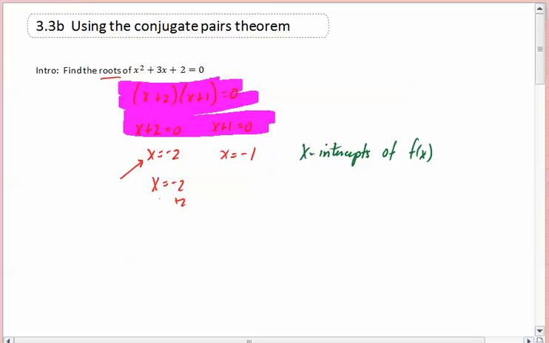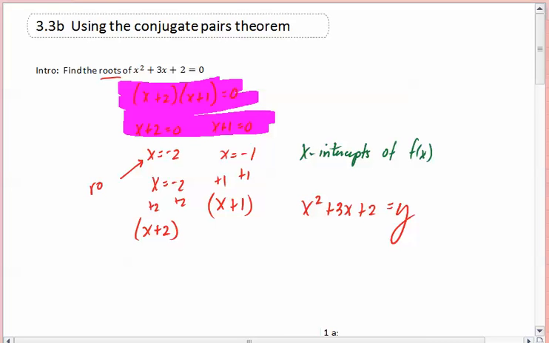You would go plus 2, and you would say x plus 2 is one of the factors, plus 1, and you'd say x plus 1 is the other factor. You would multiply them back together, and you would get the polynomial that had those roots, or the x-intercepts.